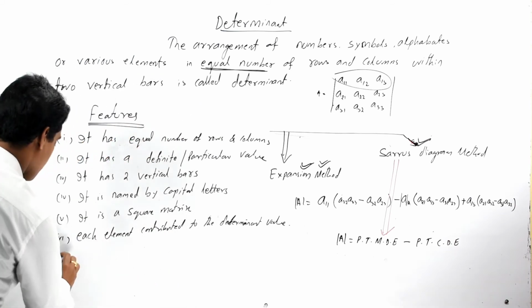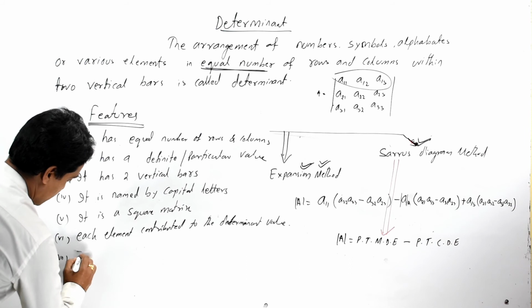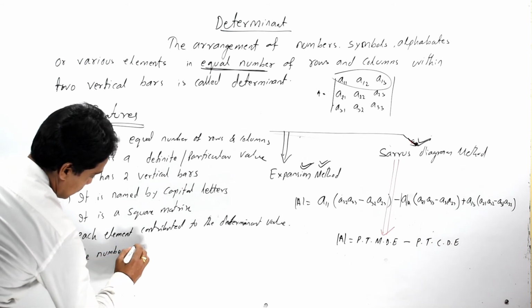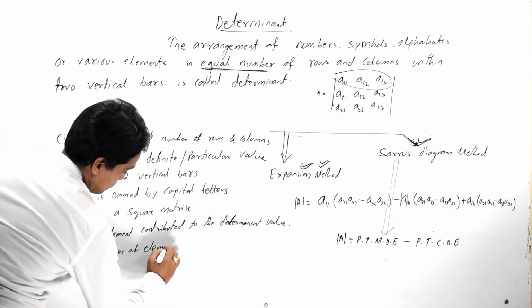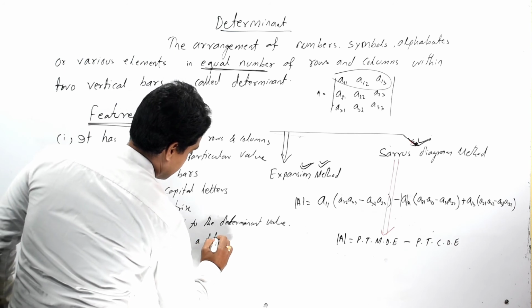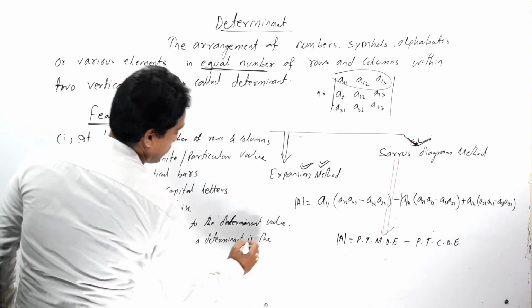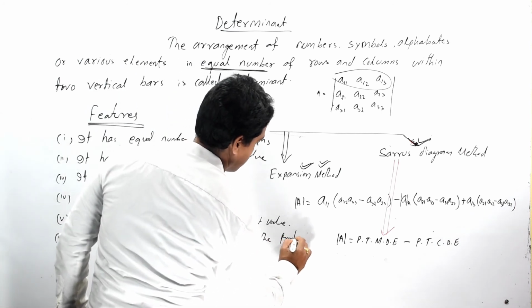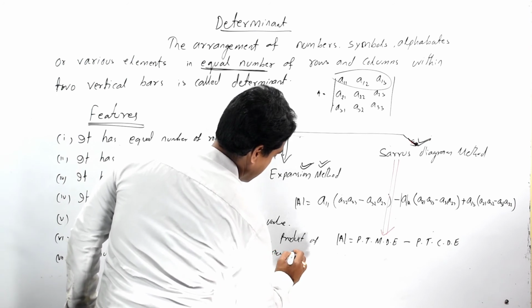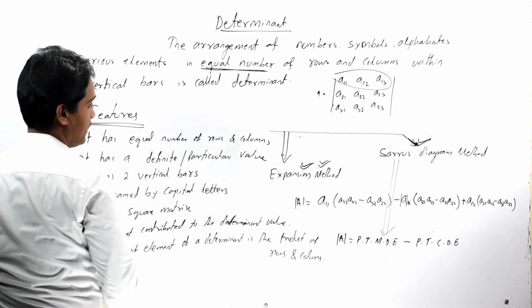Then our next feature is that the number of elements of a determinant is the product of rows and columns of the given determinant.